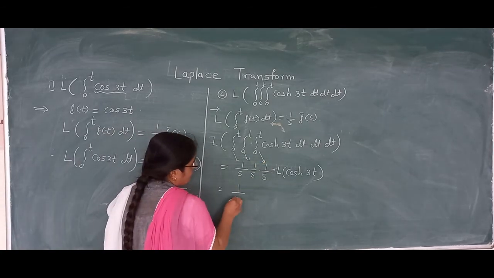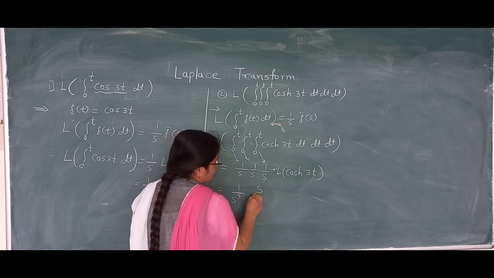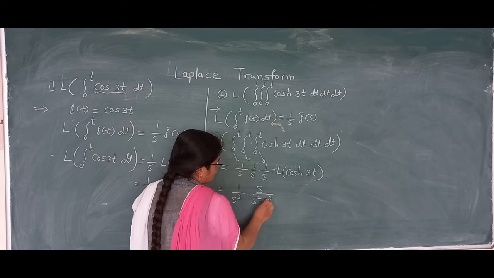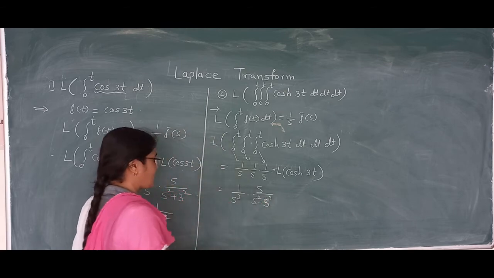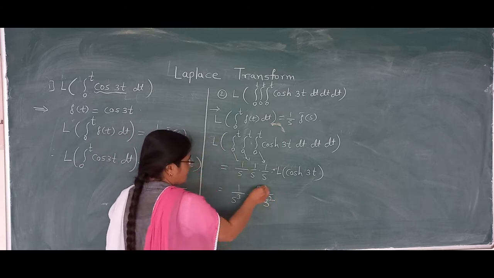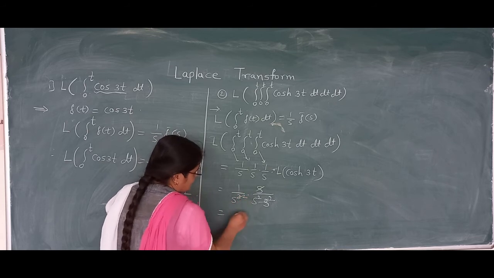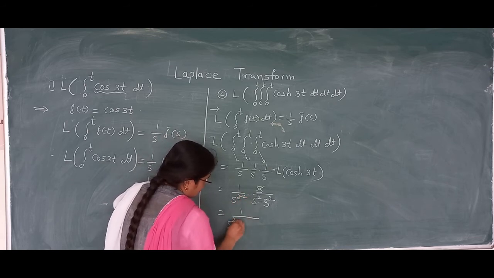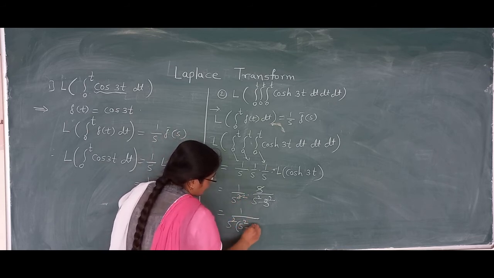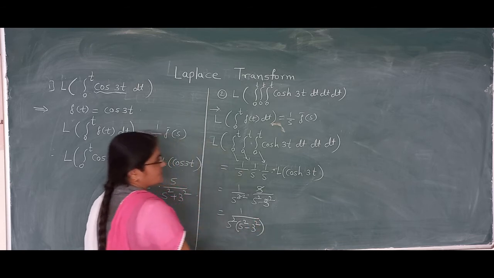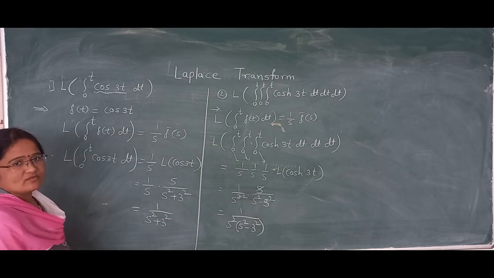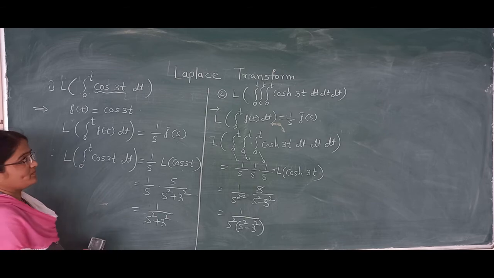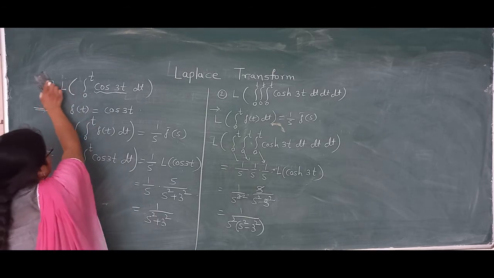So it is 1 upon s cube into s upon s square minus 3 square. Therefore, the answer is 1 upon s square into s square minus 3 square for this question. Now, next question.